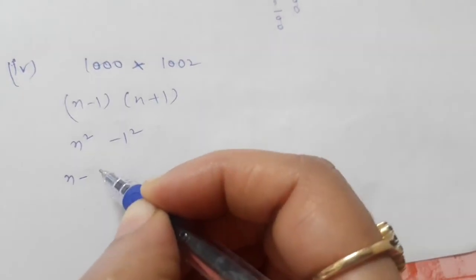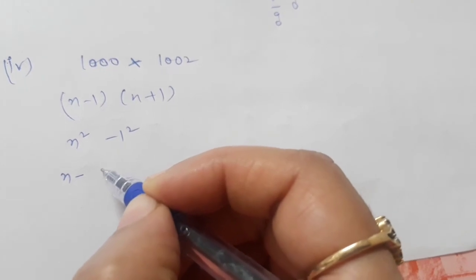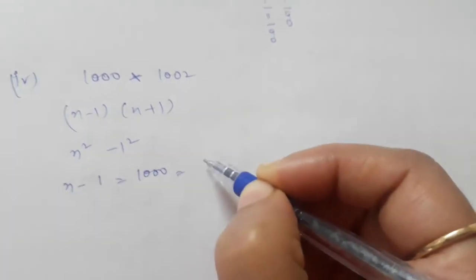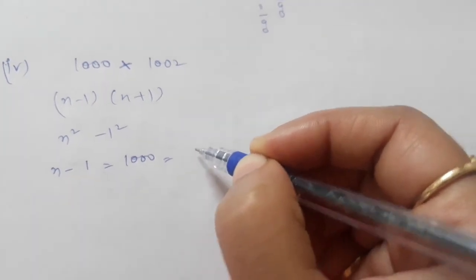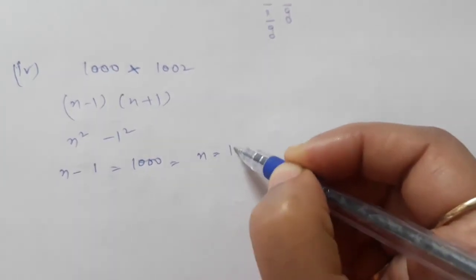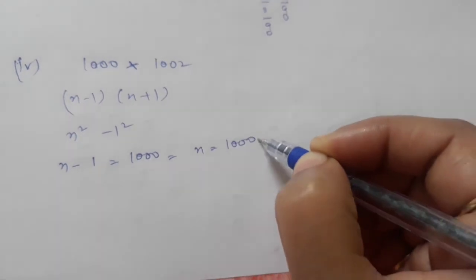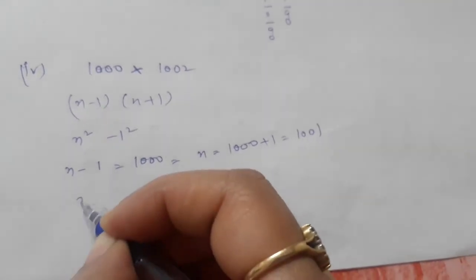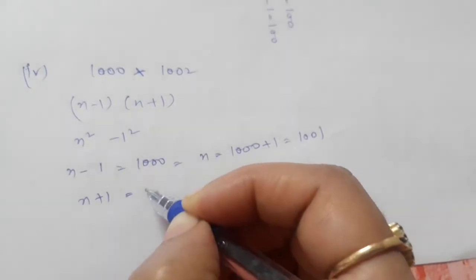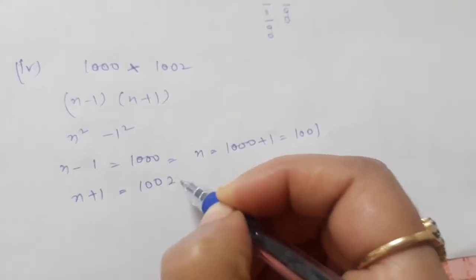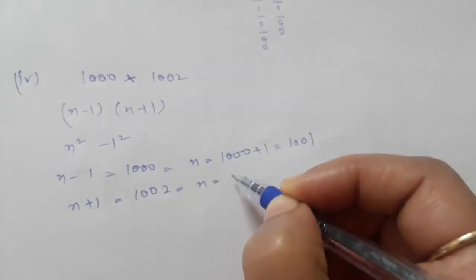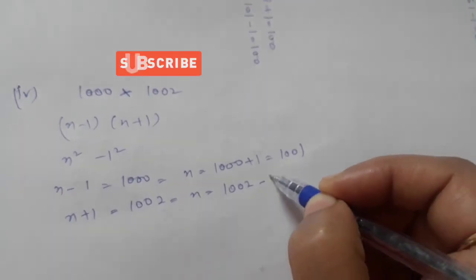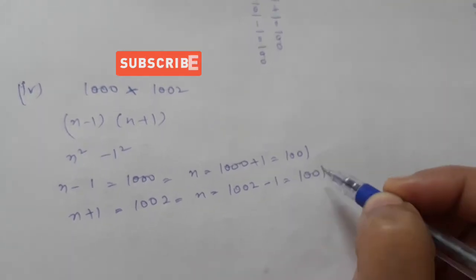Equate n minus 1 equal to 1000, that is n equal to 1000 plus 1, that is 1001, and n plus 1 with 1002, that is n would be equal to 1002 minus 1, that is 1001.